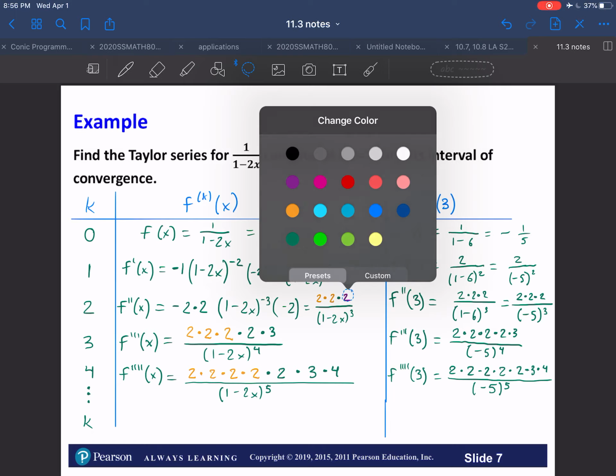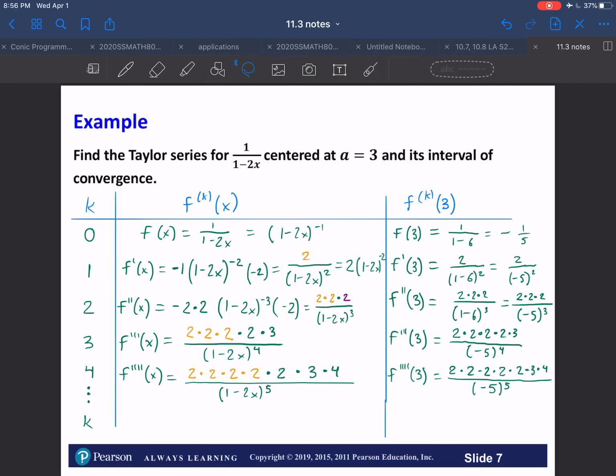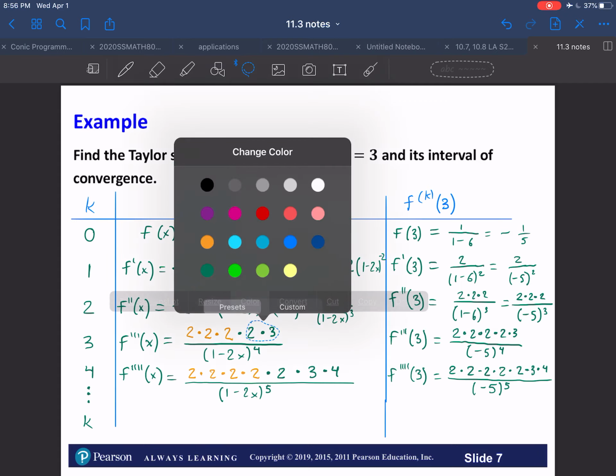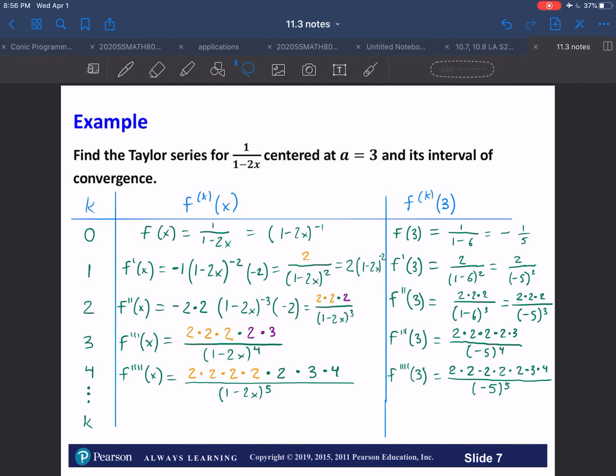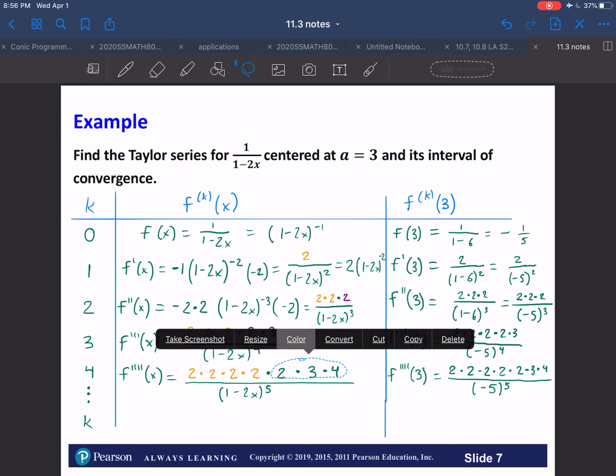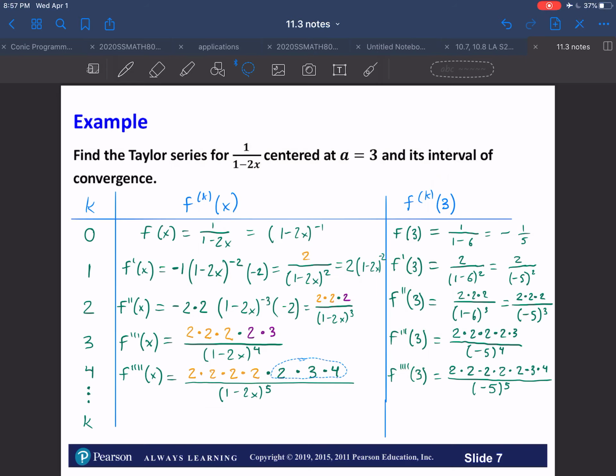Let's go for a purple. Clemson colors. It's the hardest decision I've had to make all day. All right, so that one didn't work.